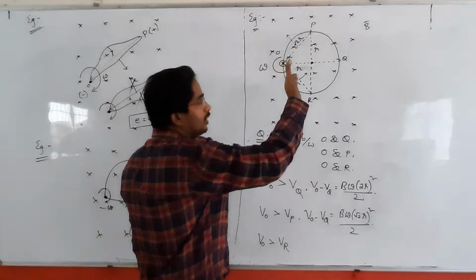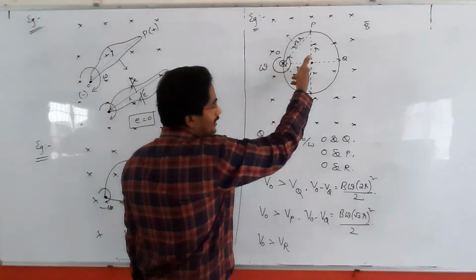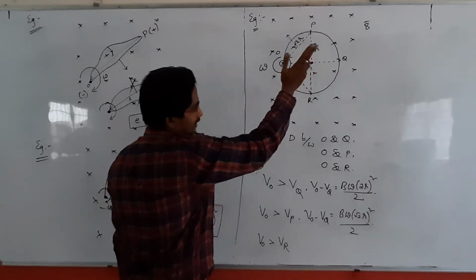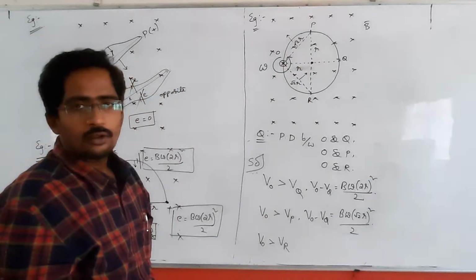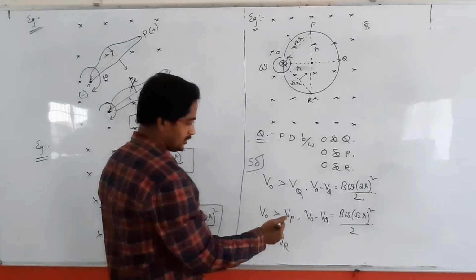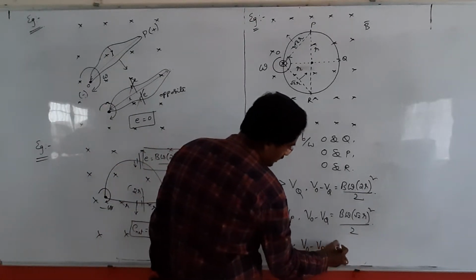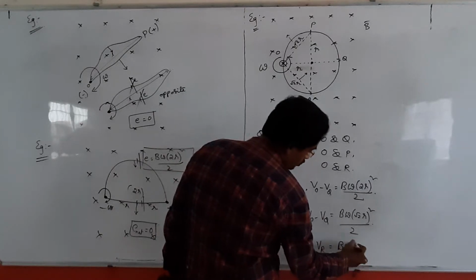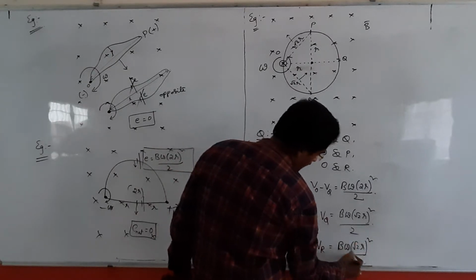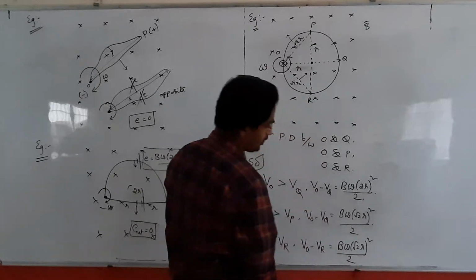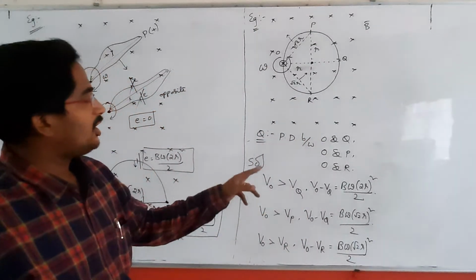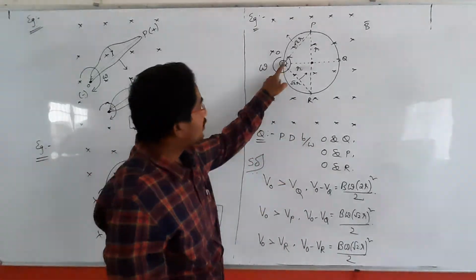See, B is inward and the velocity is tangential in this way. Then what about the VO minus VR value? That is B omega (root 2 r) whole square by 2. That means in place of the effective length, we are going to write these values.